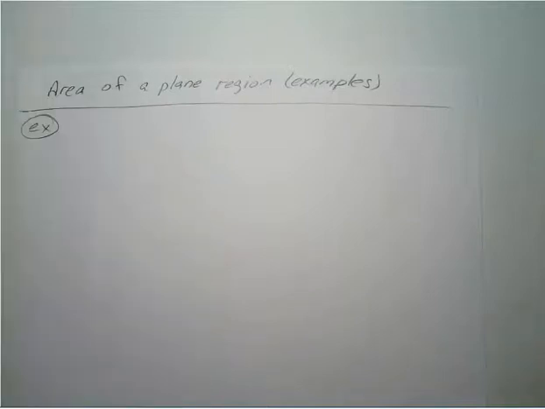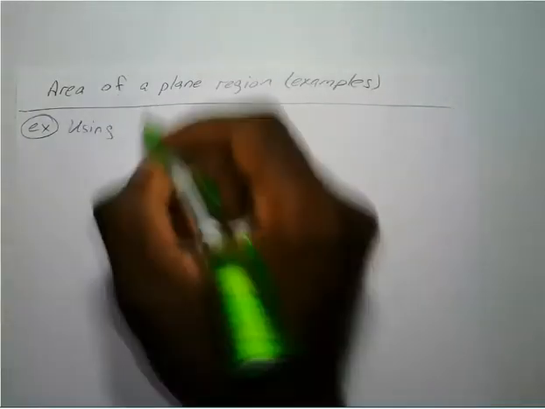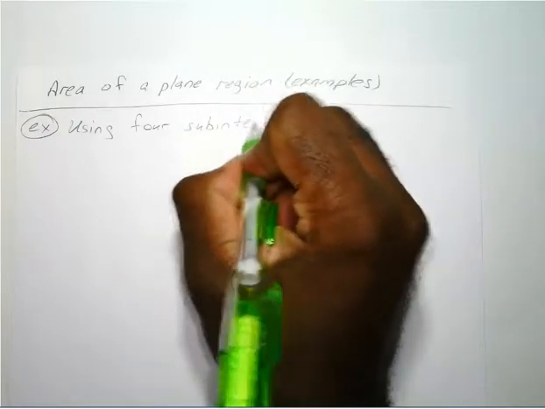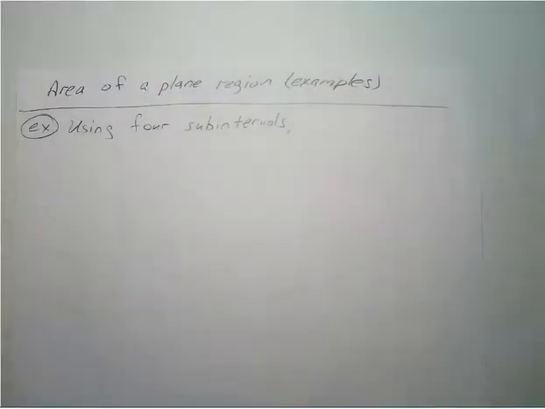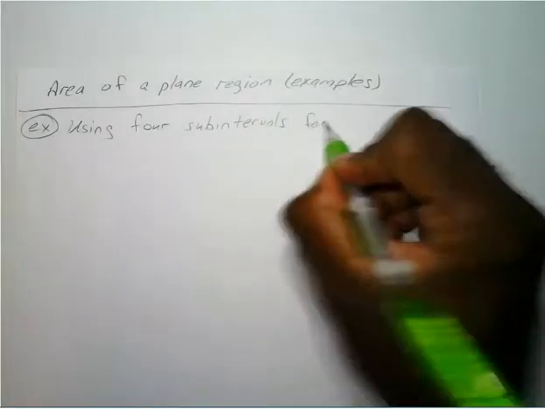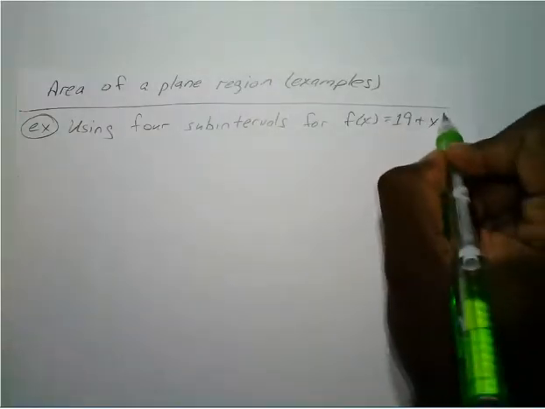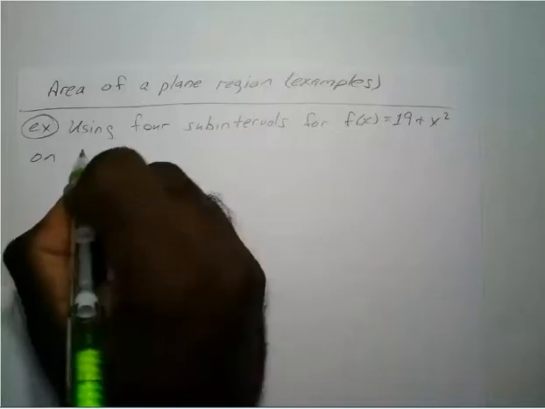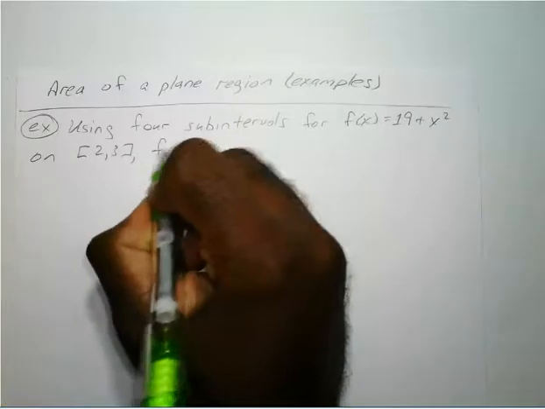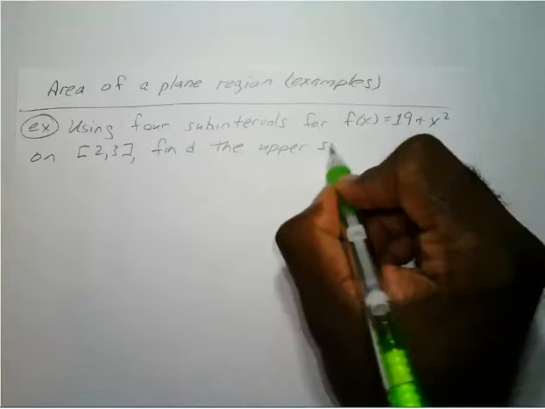For this example, let's say we're using 4 subintervals. For f of x equals 19 plus x squared on the interval from 2 to 3, find the upper sum.